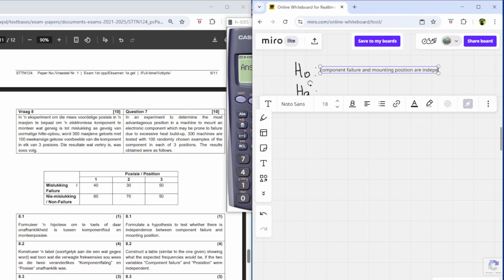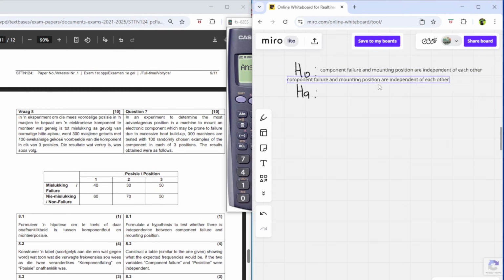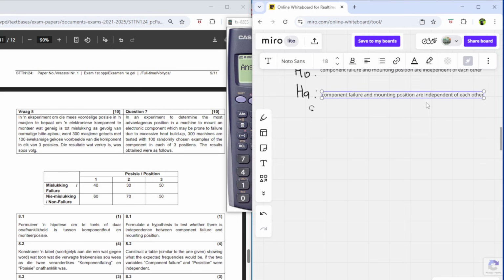So the null hypothesis is always that this variable is independent of this variable, and then for the alternative you say they are dependent. Component failure and mounting position are dependent on each other. That's how you write the null and alternative hypotheses, and you get 1 mark.